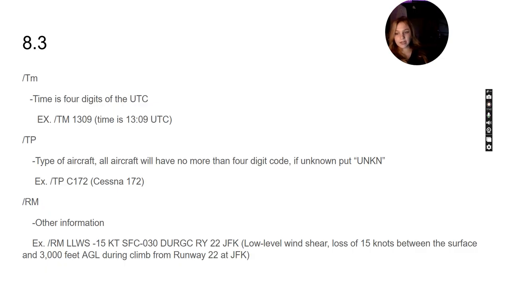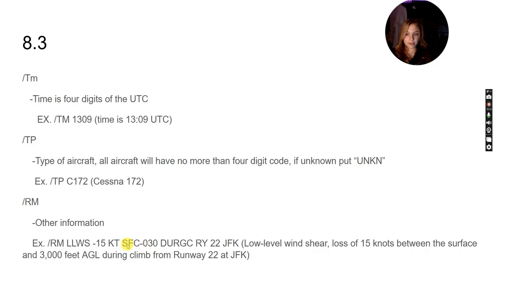So slash RM LLWS minus 15 KT SFC 030 DURGC RWY 22 JFK. That's a lot. But what we're saying is LLWS is low level wind shear, loss of 15 knots between the surface and 3,000 feet.